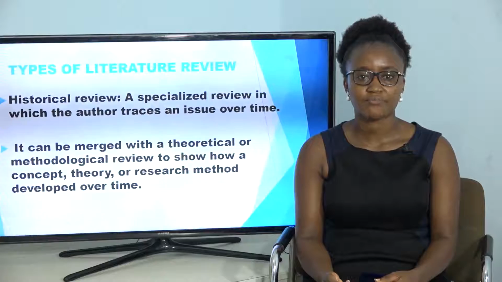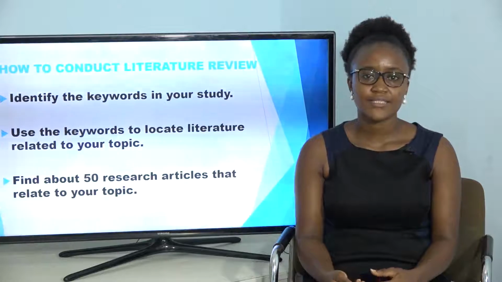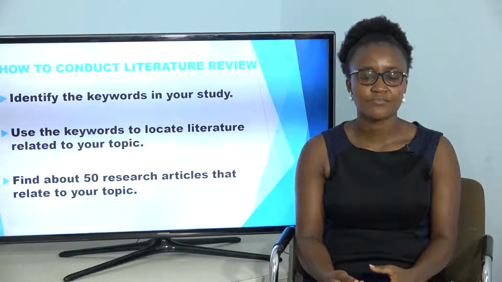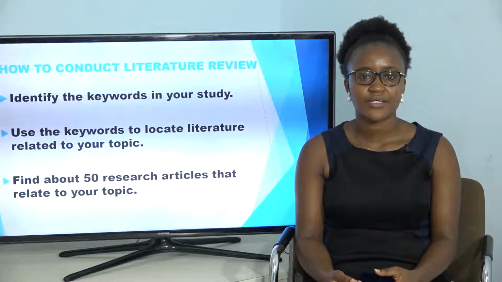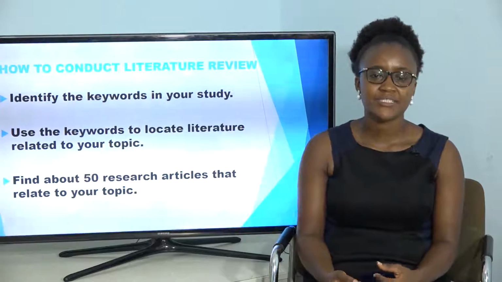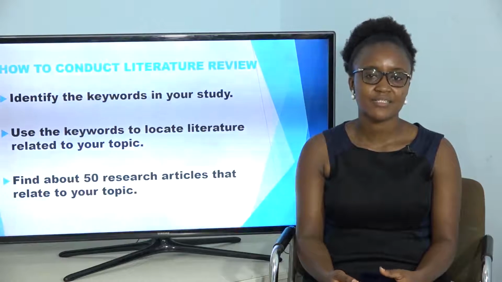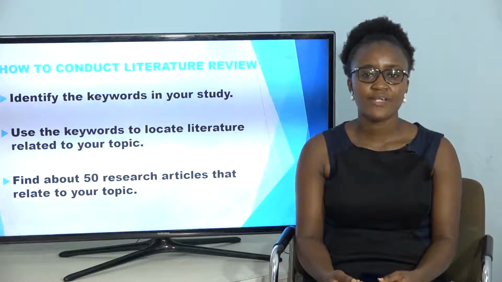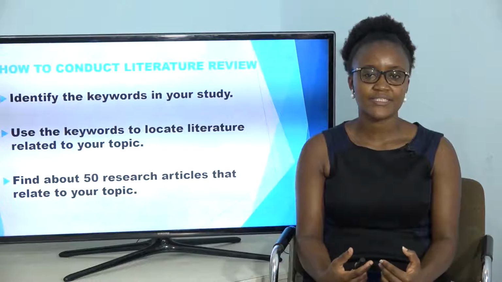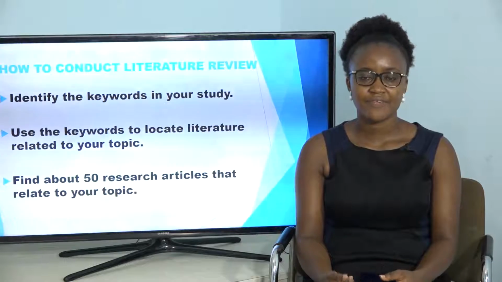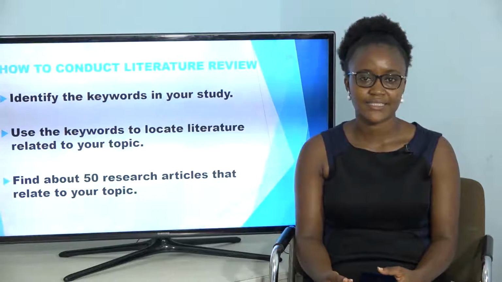So in conducting literature review, looking out for literature around your topic, you identify the keywords in your study. If you are looking at a topic like information-seeking behavior of pastors, then you know that the keywords in your study are information-seeking behavior and then pastors.